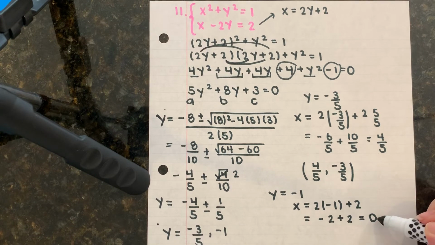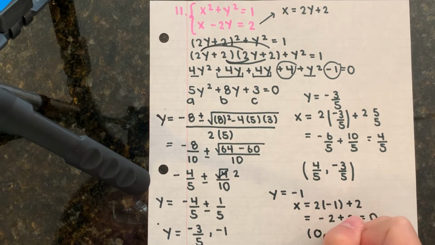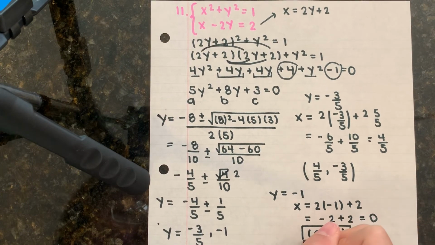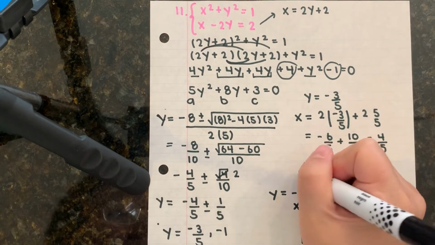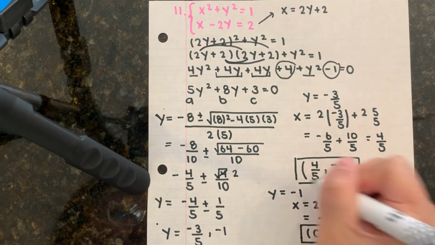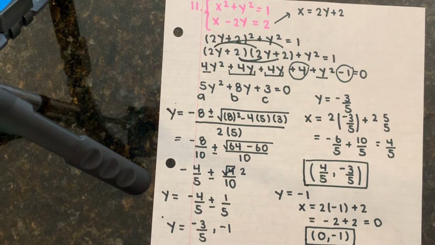So now my x is 0, my y is negative 1. So my ordered pair would be 0, comma, negative 1. And these would be my 2 sets of answers. And you're writing them again as ordered pairs, your x, comma, y. And that would be your answer for number 11, and this is again from 93A.